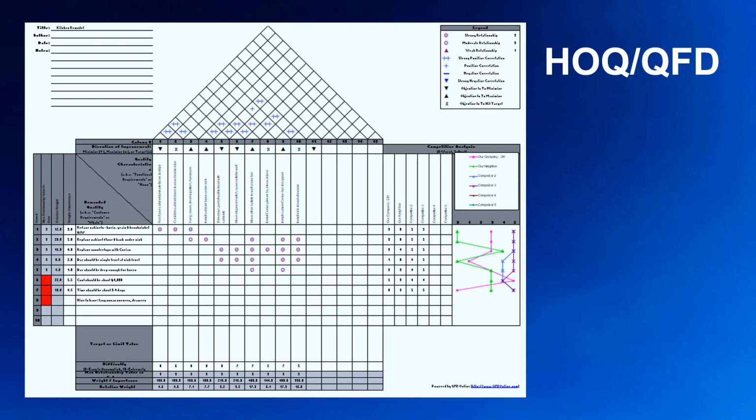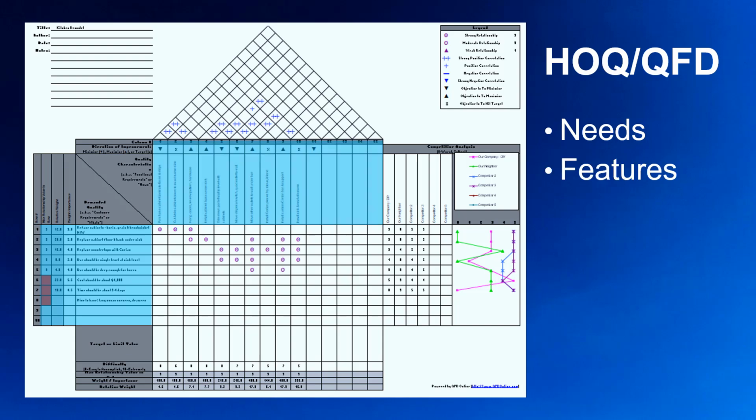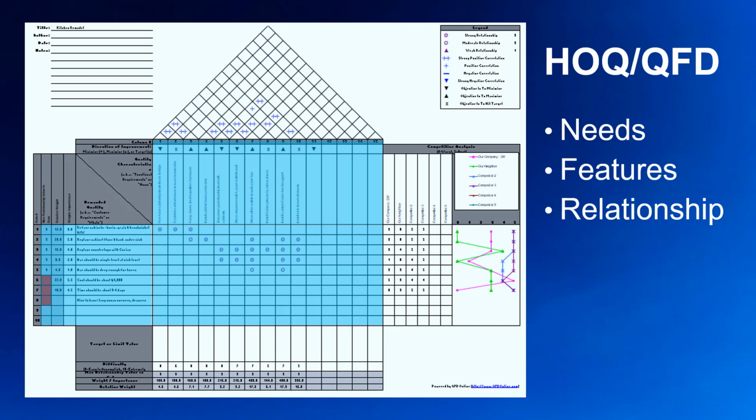The customer needs and prioritization ratings form the left side of a T-shaped matrix diagram. The technical requirements and features go across to form the right side of the T-shape. The middle traces the relationship between the customer quality requirements and the internal functional requirements, similar to a requirements traceability matrix.